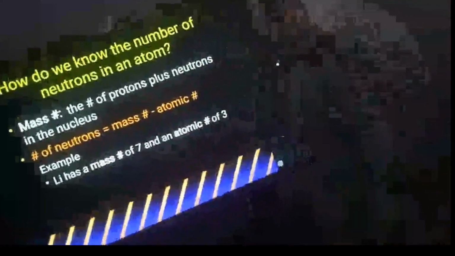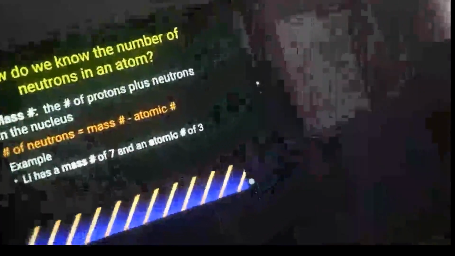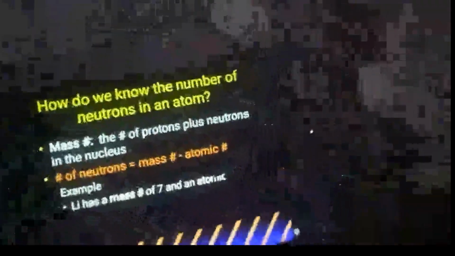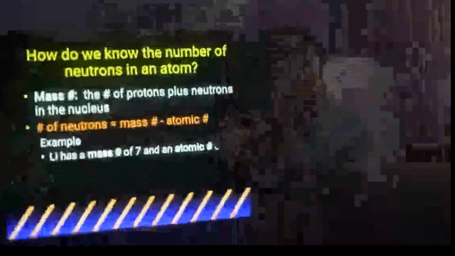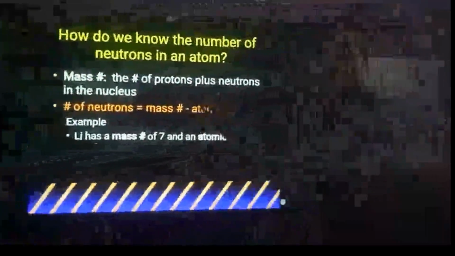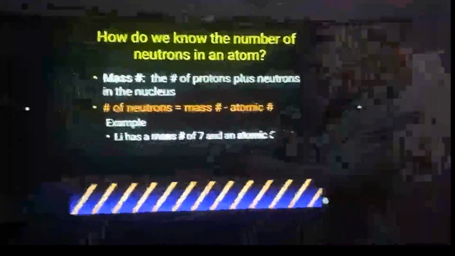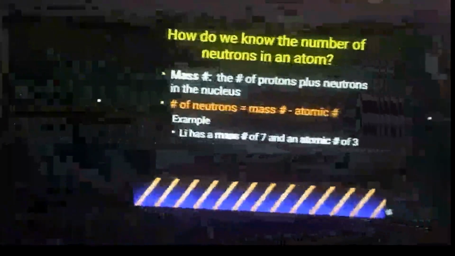Can you make a small formula to find the neutron number of an atom? Yes, the formula is like this: neutron number equals mass number minus proton number, or atomic number.